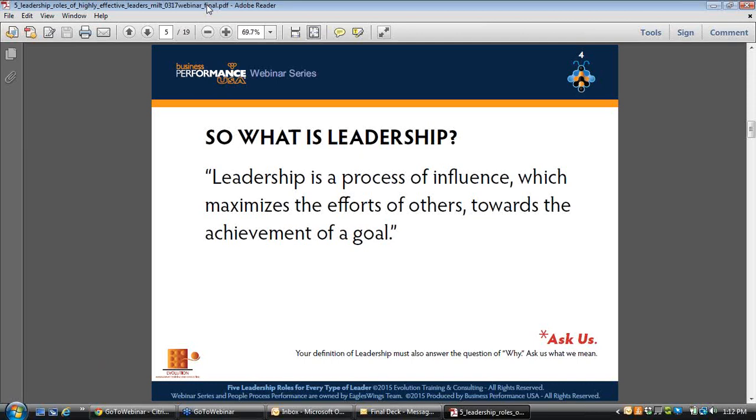And I think the final element of this definition that I would really like to bring to your attention, and really what separates what we're going to talk about today from leadership in the general sense, is that it's about maximizing the efforts of others. Okay?